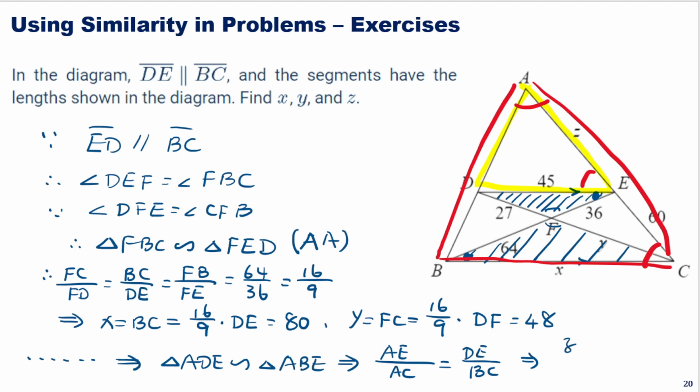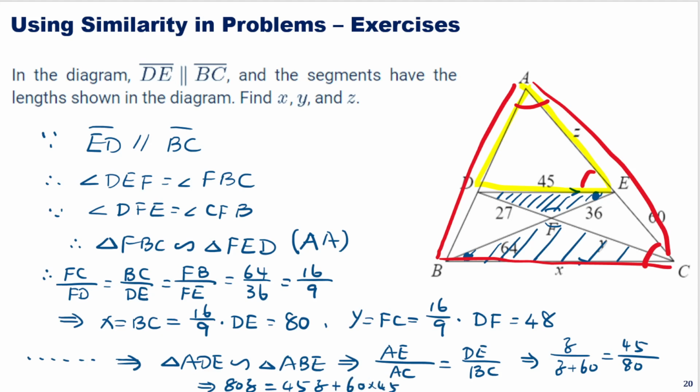AE is Z. AC is Z plus 60, right? DE is 45. BC is X. X is 80. We have already solved that. So that'll give us 80Z equals 45 times Z plus 60 times 45.